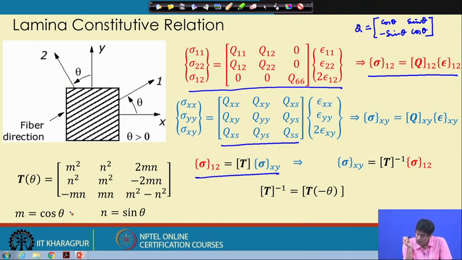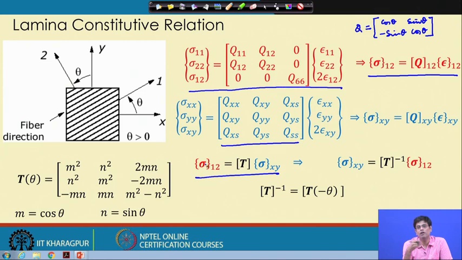Now we know the sigma 1 2, essentially the constitutive relation in the 1 2 direction, and in most cases when a material is tested, the properties along the fiber direction will be given. That means E1 and E2 will be along the 1 2 direction, and nu 1 2 and G1 2 will be given.